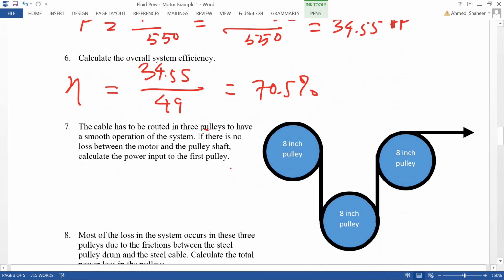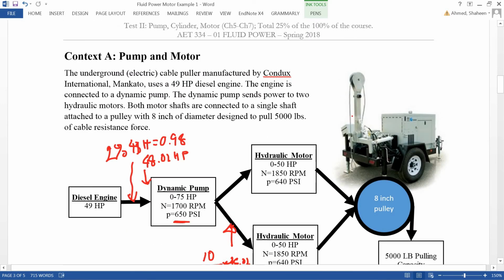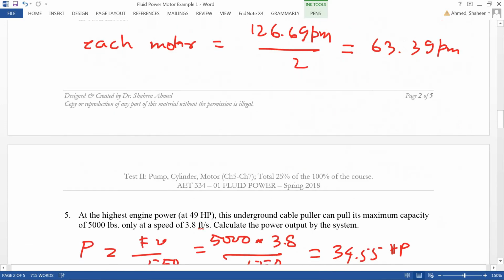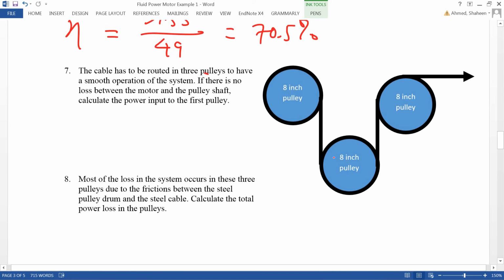It says the cables are routed using 3 pulleys. I'll show you what those pulleys are. This is pulley number 1, and they have a couple of pulleys here so that it can run smoothly. Most of the losses occur in the pulley friction with the drum. It says if there is no loss between the motor and the pulley shaft, calculate the power input.